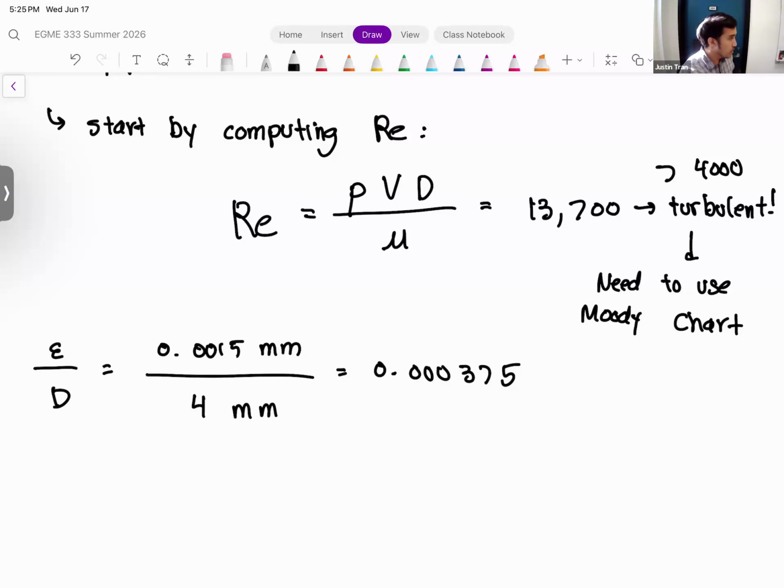Now that we've computed our ratio of surface roughness to diameter, we need to go back to the Moody chart and find the curve which has this exact ratio.